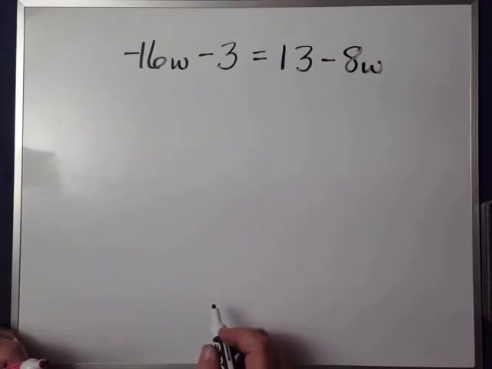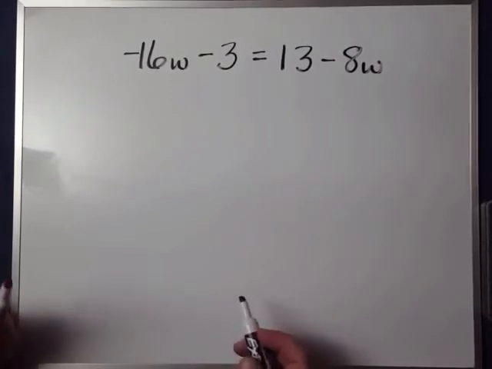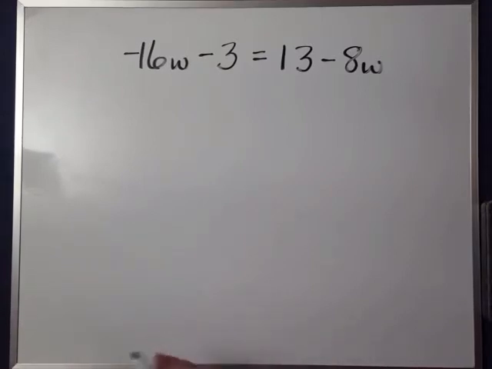So we're ready now to collect our variable on one side. Now, in section 2.1, I said let's collect that variable on the side where there are more to start with. So we'll have a positive coefficient. In section 2.2, we figured out that's really not that big of a deal.